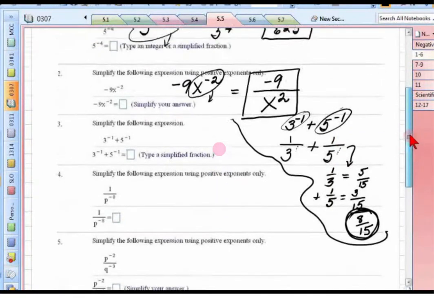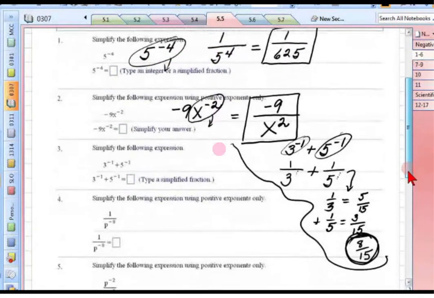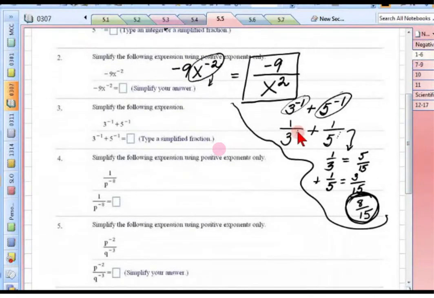And I actually did the same thing on number 1. 5 to the -4. 5 needs to go to the bottom. The -4 became a +4. This one may have looked a little different because it was a 1 as the exponent. And then I had an addition problem to do, and I had to actually go off and do that. Okay? Let's look at number 4.